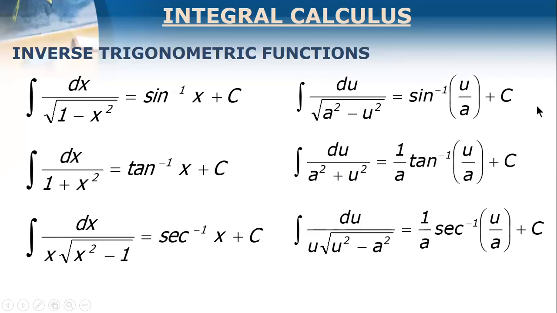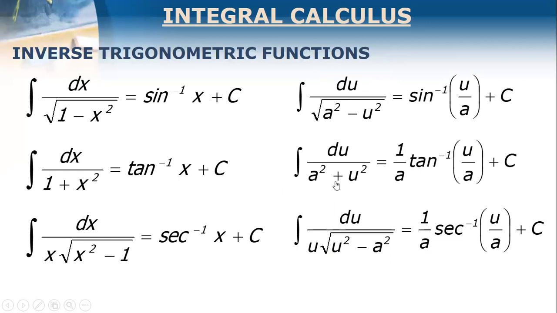But if the integrand does not fall under these three forms, you can use other substitution. You can use the basic substitution. Like a squared minus u squared. Of course, the antiderivative is not arctan because it is negative.